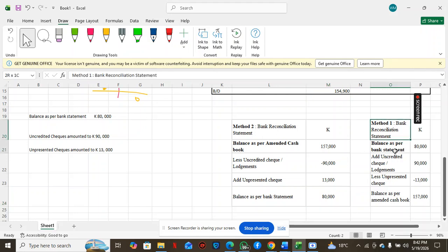For today, I would advise understanding this first method, where you start with the balance of the bank statement. Then you add uncredited checks because uncredited checks or lodgements are money coming in, and you subtract unpresented checks, which is money going out, which are payments, so that you arrive at the balance of the amended cash book.